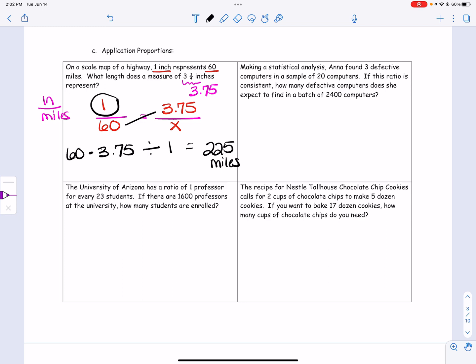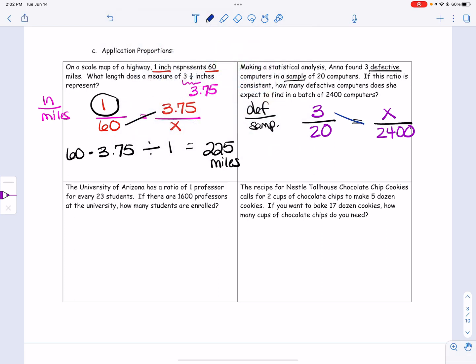All right, so the next one we are comparing defective to samples. Okay, and I'm just kind of picking out some words. Defective comes first, sample comes second. Okay, so I start blank equals blank. I'm going to fill in that first ratio, 3 defective computers in a sample of 20. They want to know if this is consistent, how many defective, that goes on top, if we have a batch of 2,400.